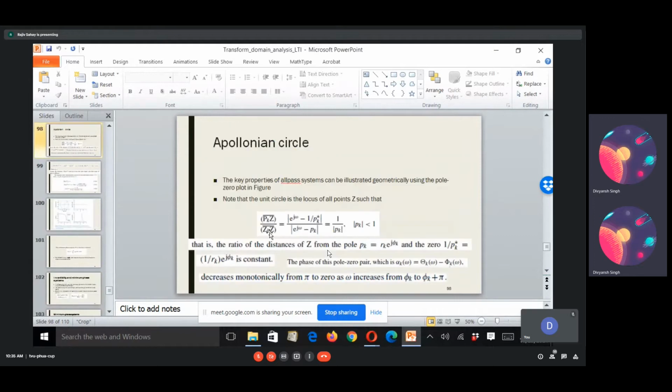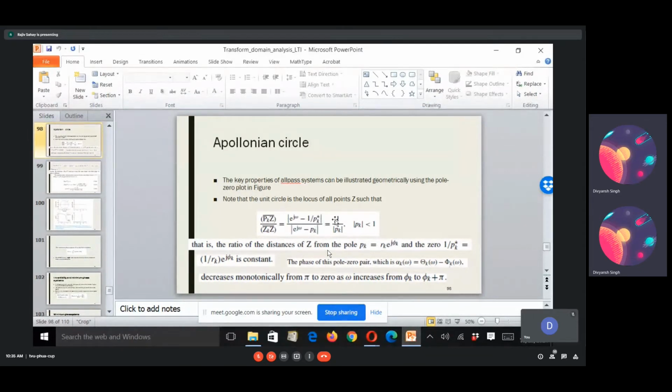So if you take the distances zkz and pkz and take the ratio of that, you see this pkz by zkz ratio turns out to be e to the power j omega minus 1 by pk star, or z inverse minus 1 by pk star divided by 1 minus pk z inverse. You just simplify that and you will get this particular term.